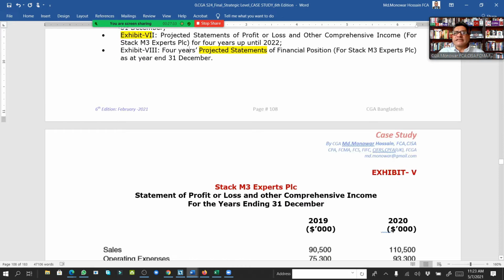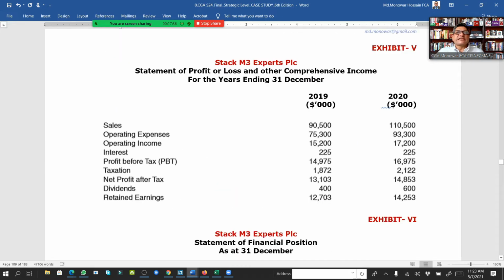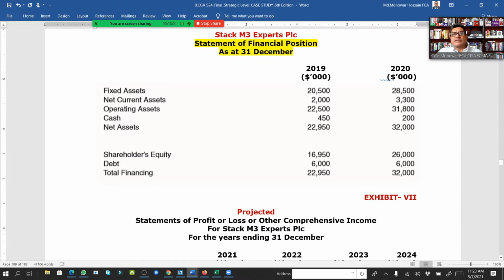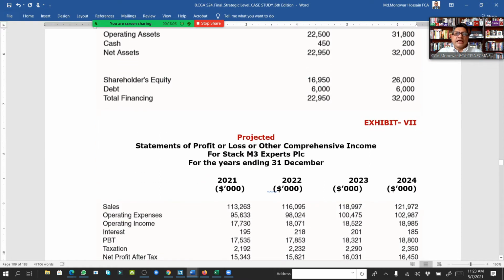So now Exhibit 5: a statement of profit and loss and comprehensive income for M3 Expert Limited, with figures for 19 and 20. Exhibit 6 is the statement of financial position, the same way for 2019 and 2020.